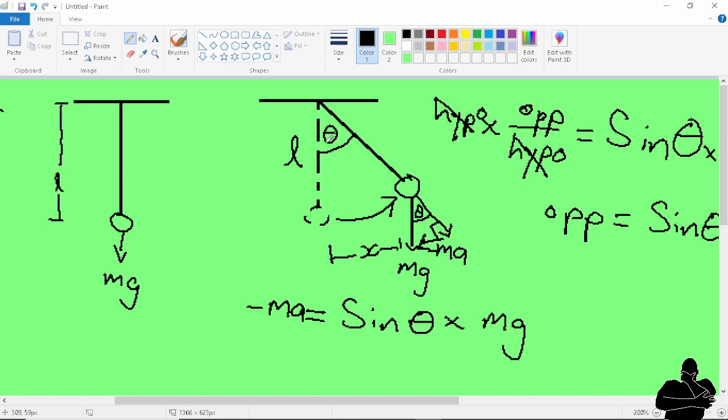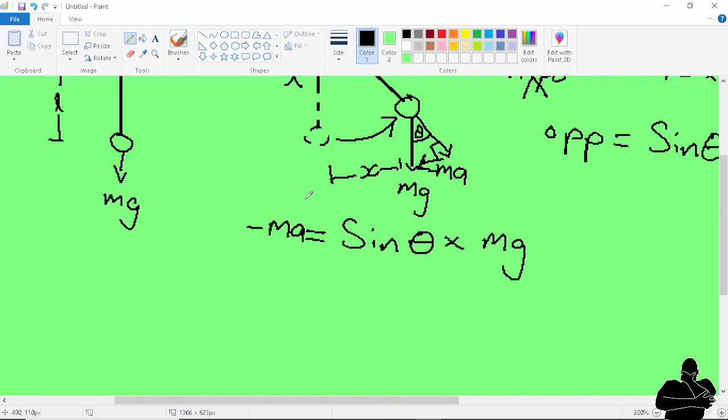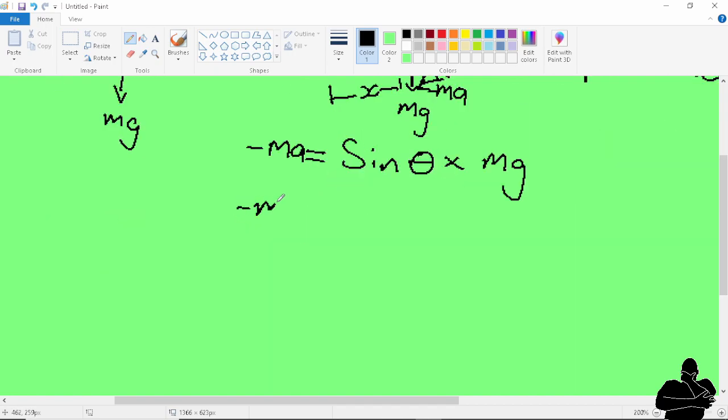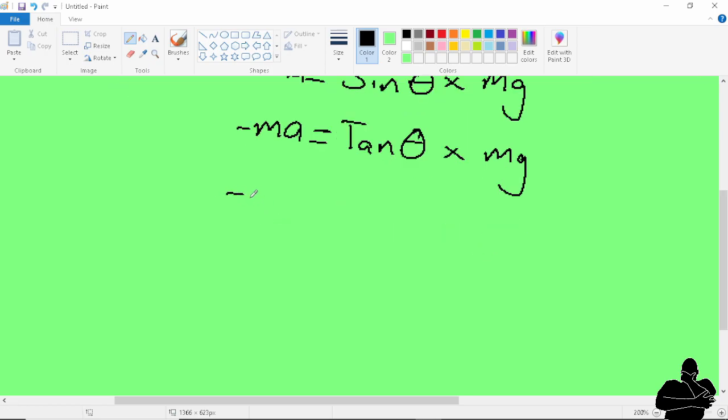Tan theta is going to be the opposite, which is x, over the adjacent, which is L. L is the adjacent, right? So instead of writing sine theta, we can write negative ma is equal to tan theta times mg, or we can just say negative ma is equal to mg tan theta.